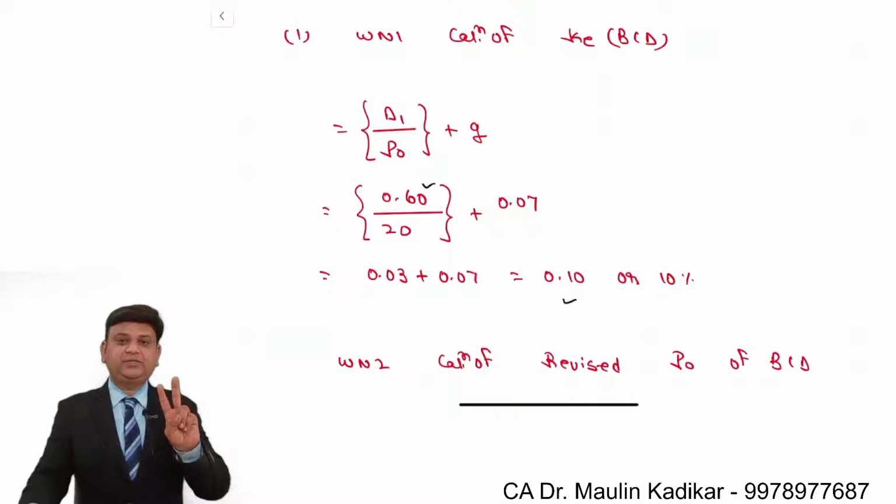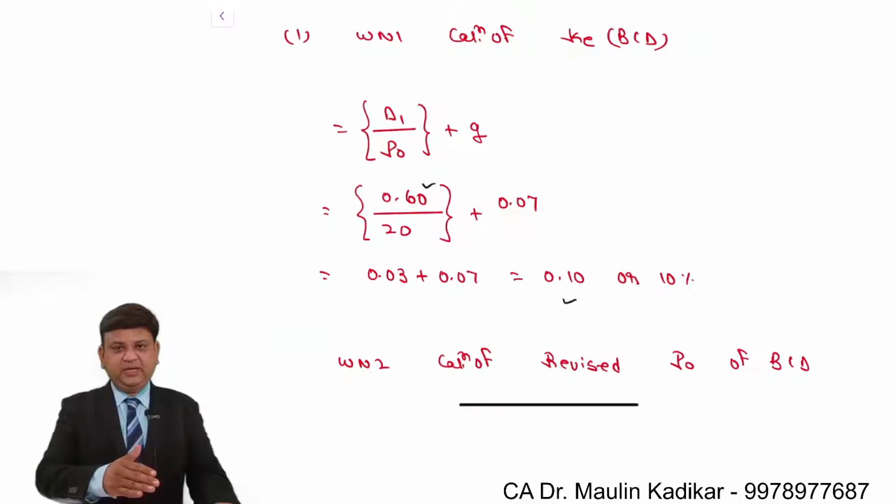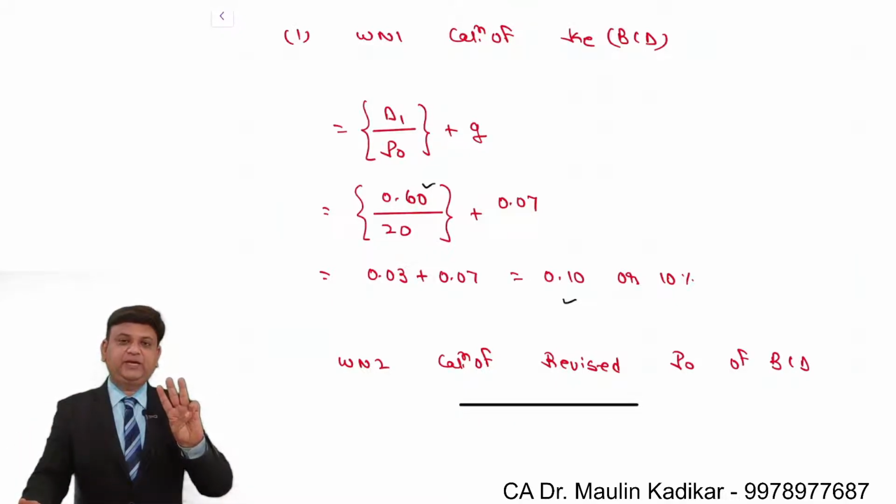In the second part of the question, calculate the NPV to the acquiring company and NPV to the target company for cash and for share consideration. The third question is also divided into two parts: NPV to the target company and NPV to the acquiring company. NPV to the target company for cash consideration is already covered.